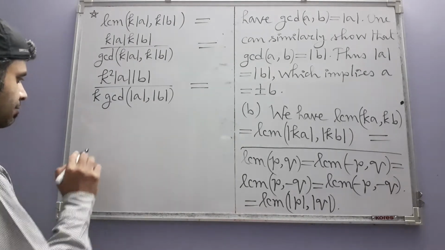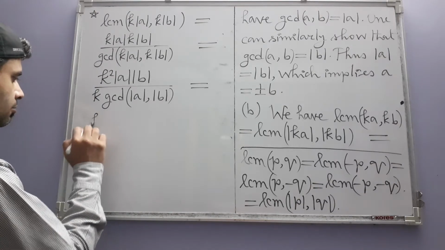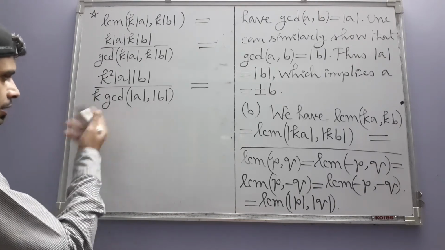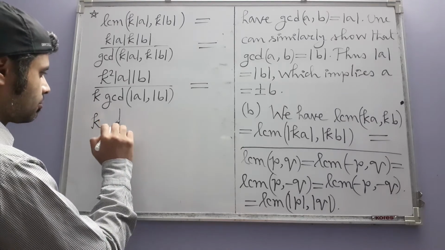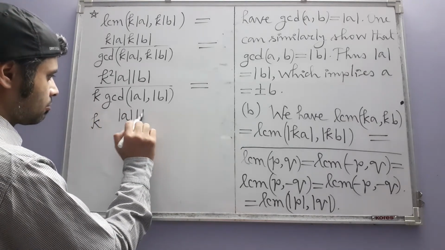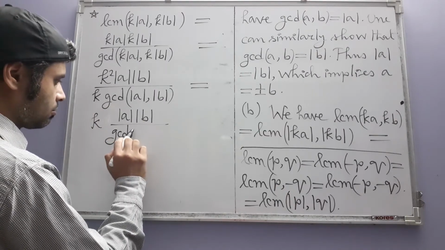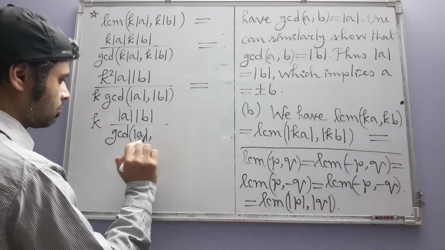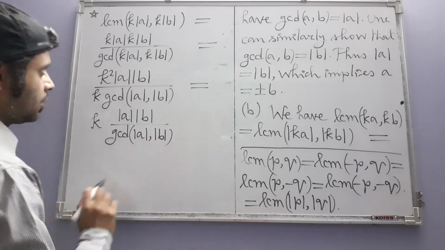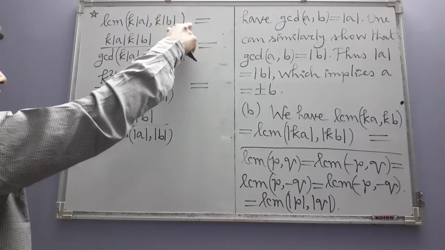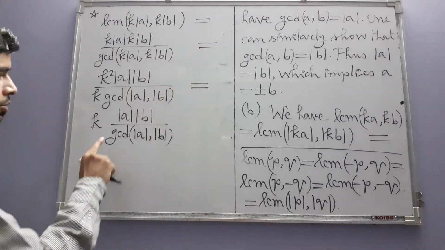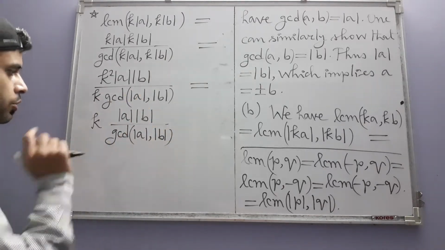Okay, and that becomes equal to K times, because you can cancel one K. Now you can use this result, that is this step, once more on this quotient.